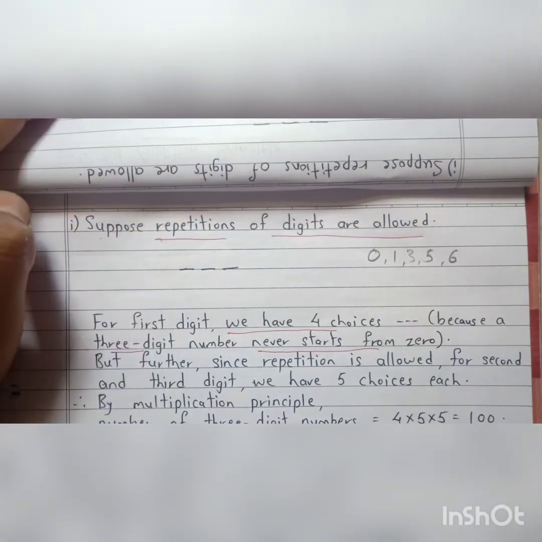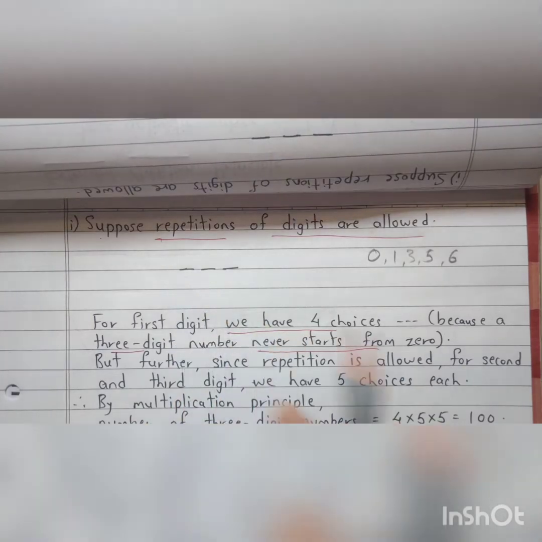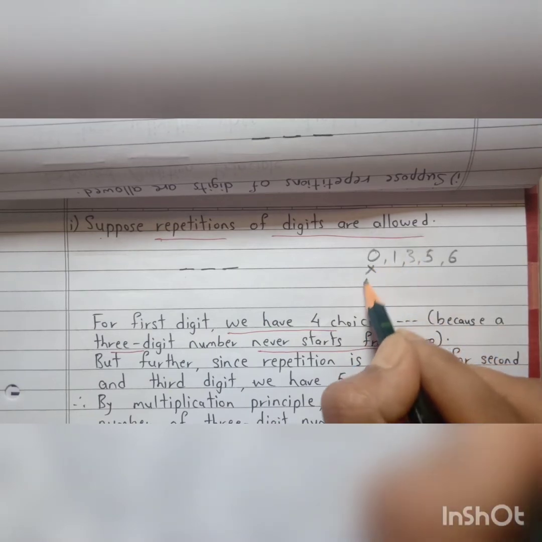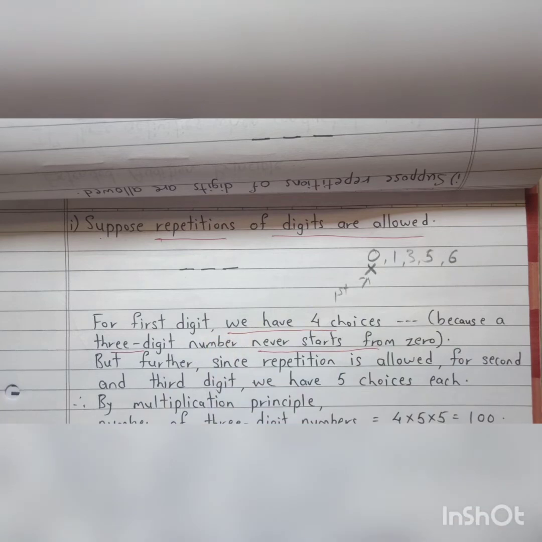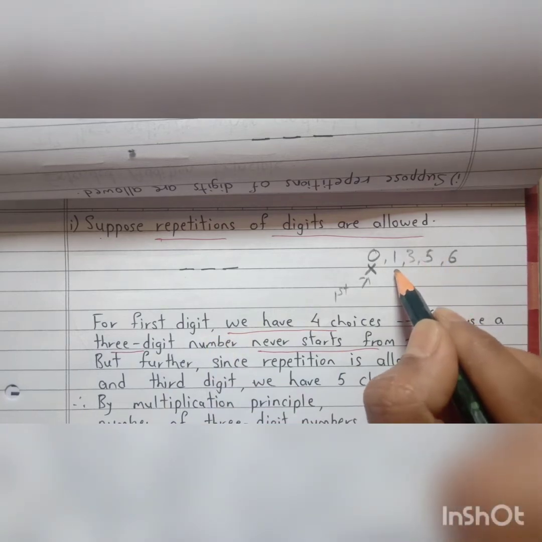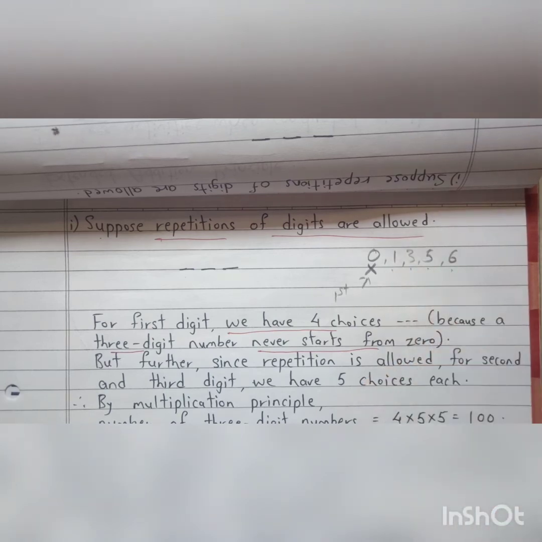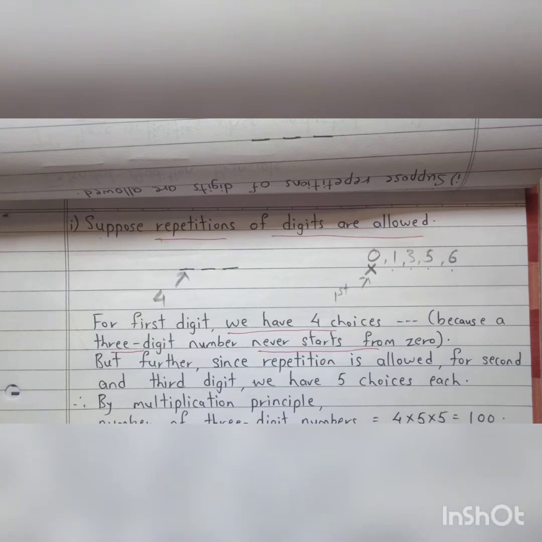If it is, then it is actually considered a 2-digit number. So for the first digit 0 cannot be our choice. Then how many choices do we have? We have 4 choices: 1, 3, 5, 6. So this place has 4 choices.